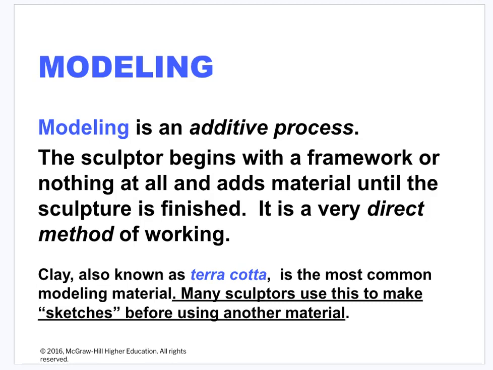So clay, also known as terracotta, I should clarify, there are many types of clay. Terracotta is just one of the most common types. And terracotta is highly organic in content. So it's clay that you can dig up from the ground.